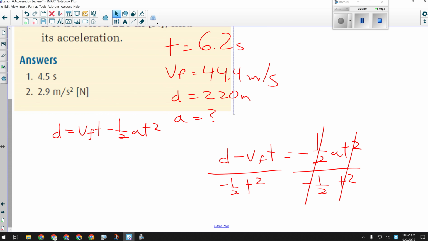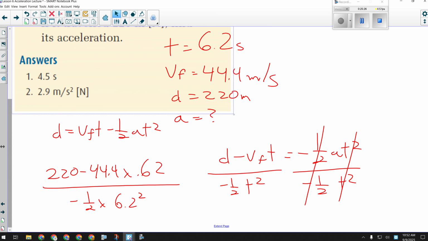Now I'm solving for A. So I put in my numbers here: 220 minus 44.4 times 6.2, divided by negative 1/2 times 6.2 squared. A bit of a mess to punch into the calculator here.